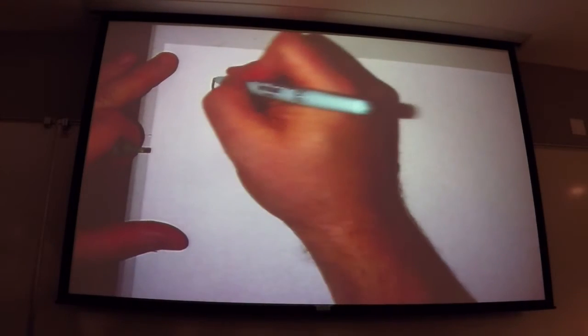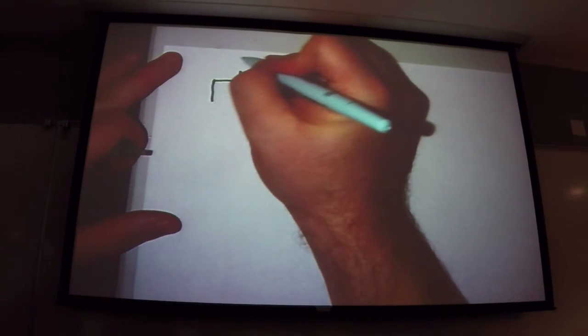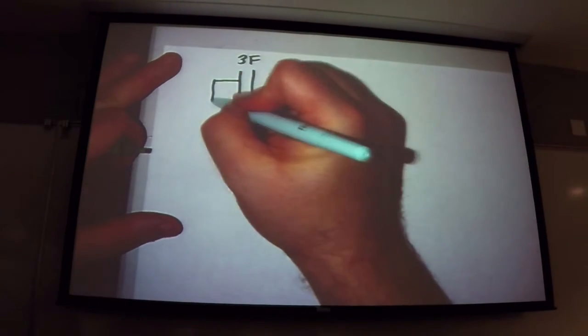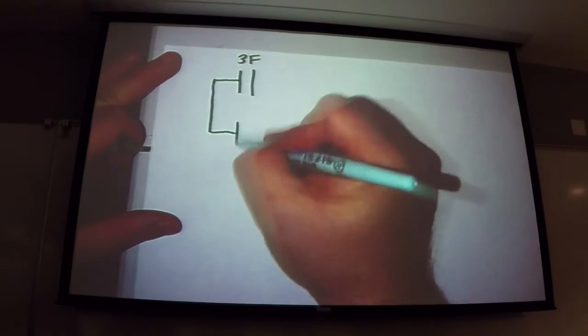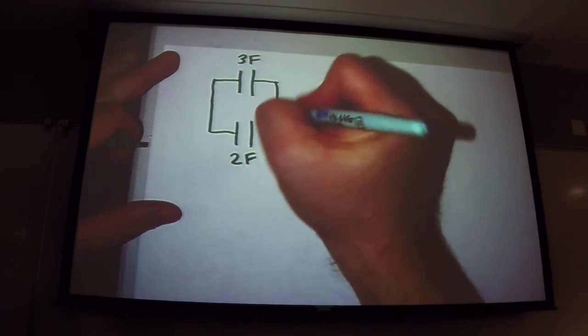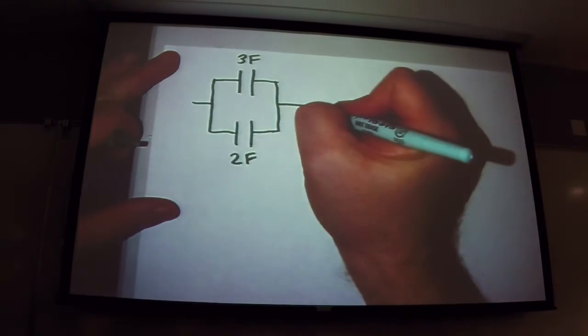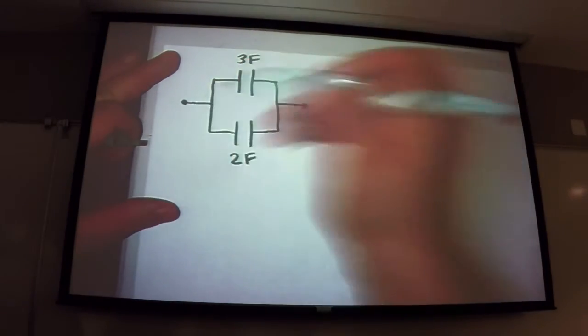Here we go. Let's use simple numbers. Okay, 3 farad capacitors up here, and a 2 farad capacitor down here. Let's be simple.